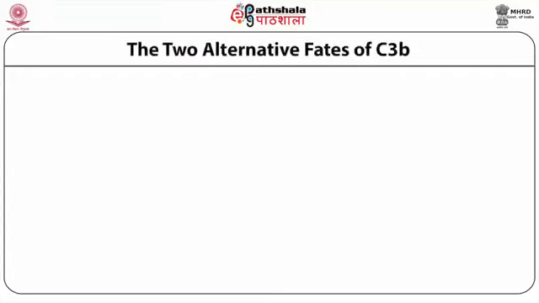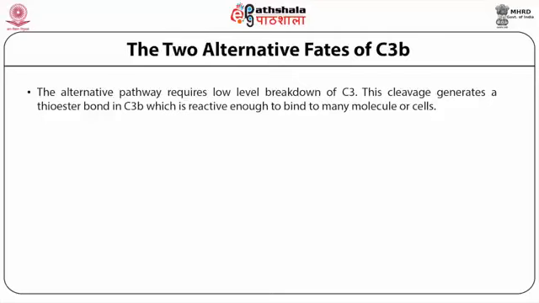This slide shows the two possible alternative fates of the C3b molecule. The alternative pathway requires low level breakdown of C3. This cleavage generates a thioester bond in C3b, which is reactive enough to bind to many molecules or cells.